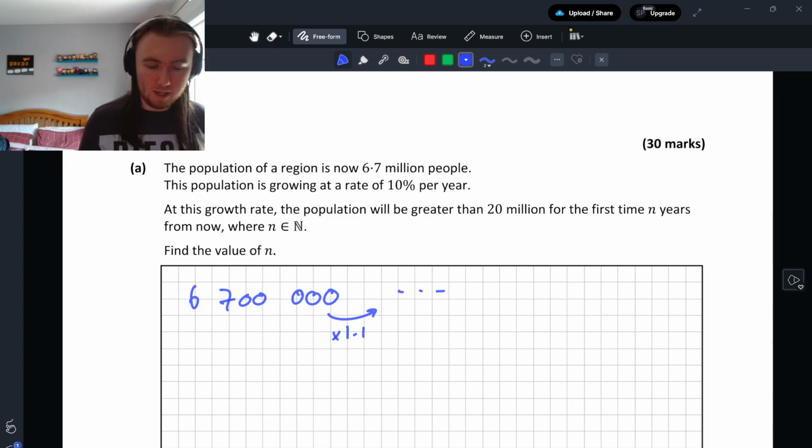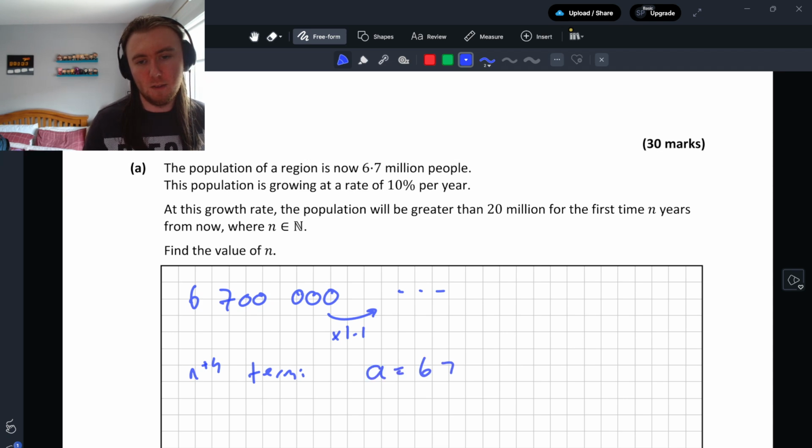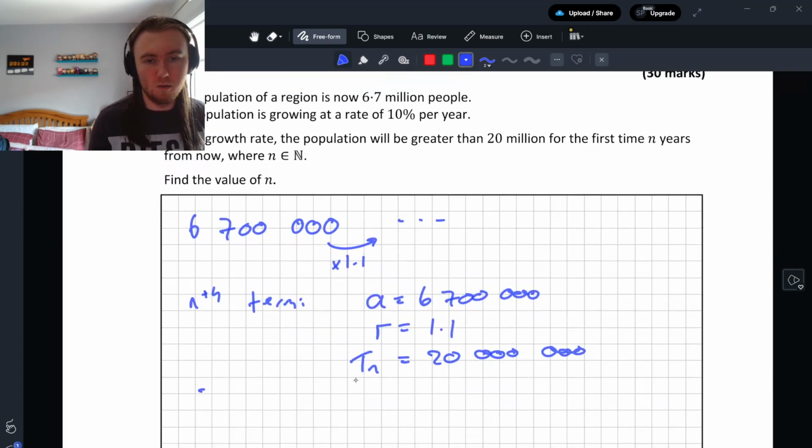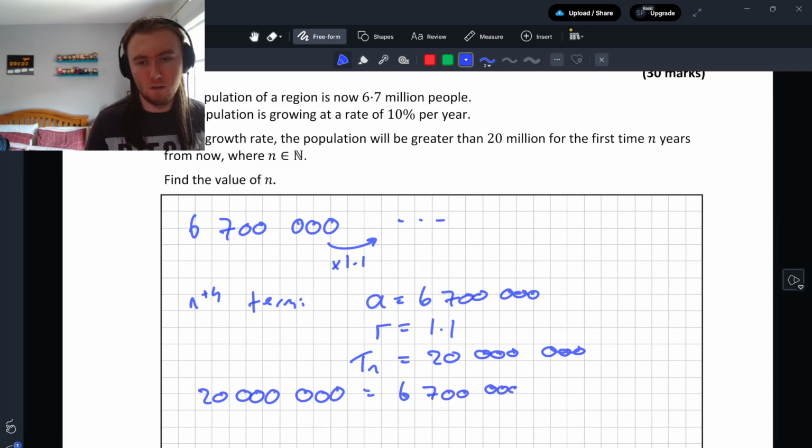So what we end up getting is we're looking for an nth term, a geometric nth term, where a is that number, r, the common ratio, is 1.1, and we're looking for a tn such that tn is equal to 20 million. So 20 million is that many times 1.1 to the n minus 1.